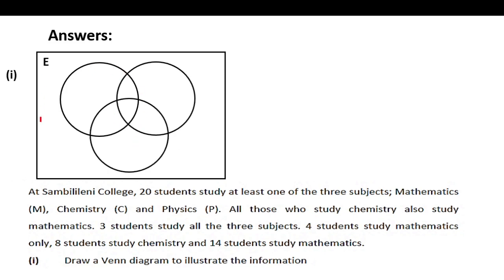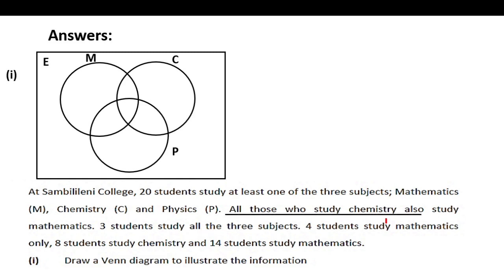So this set here, and another set here, and another set here. You have to overlap them. That's how you do them. So this set will overlap with this and also overlap with this. Then we'll call the first set, the way they appear, mathematics represented by M. The second one will be chemistry represented by C, and the last one here will be physics represented by P. Now we need to use this information.